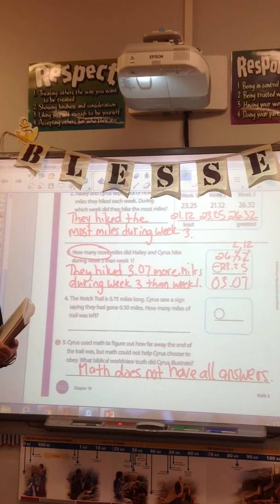So if you think about it in quarters, like money, 25 is 1/4, 50 is 2/4 or half, 75 is 3/4, right? 100 makes $1 or 1 whole. So it's 3/4 of a mile long. They've gone halfway. How much more is left?